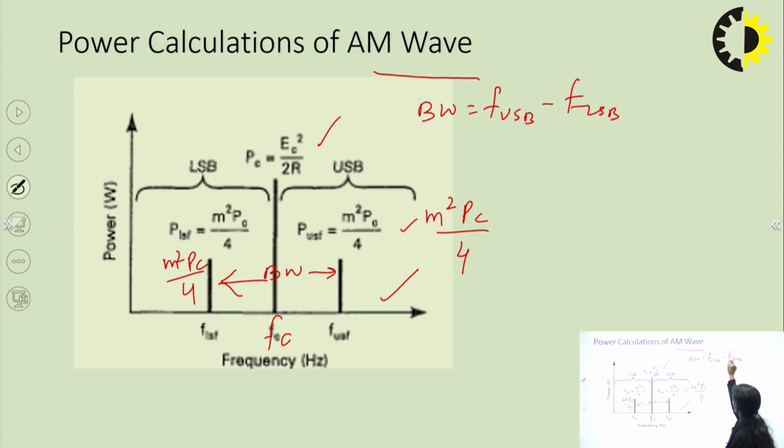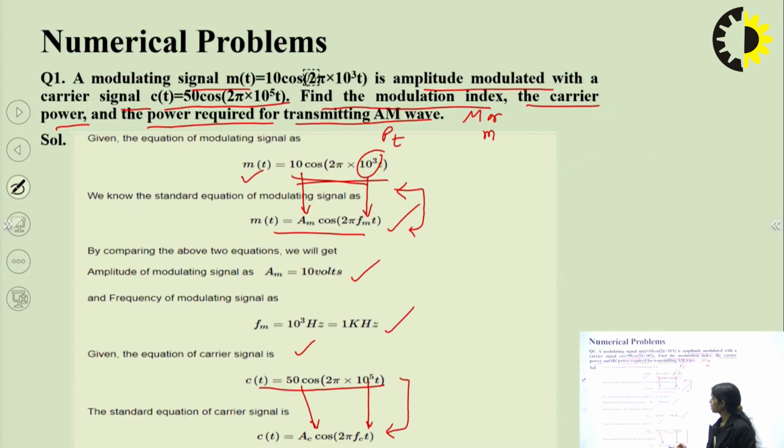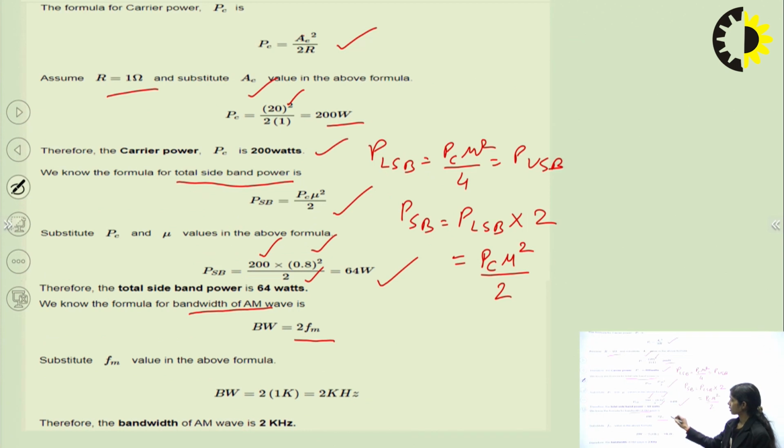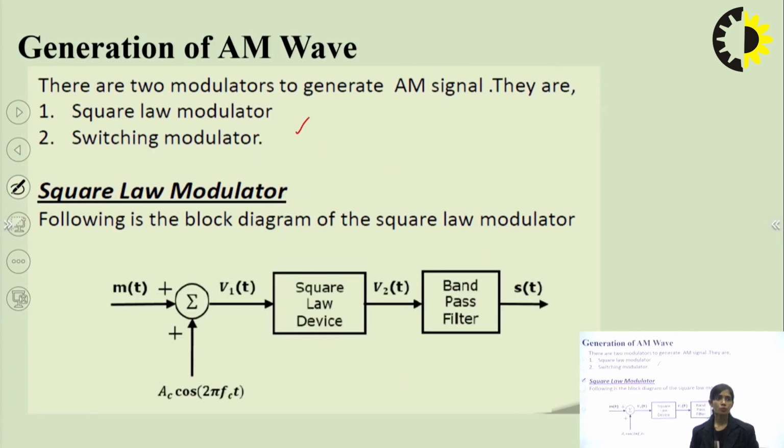The upper sideband frequency is FC plus FM, minus FC minus FM, which is the lower sideband frequency. So it is obtained as 2FM. By substituting, the bandwidth 2FM is coming out to be 2 kilohertz. So these are a few examples of numerical analysis which we did on the amplitude modulated wave equation.